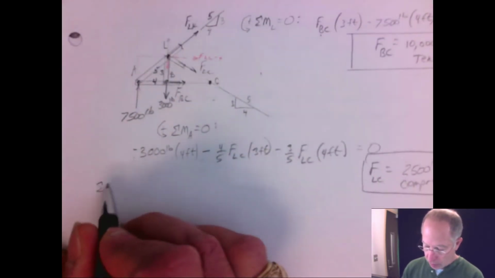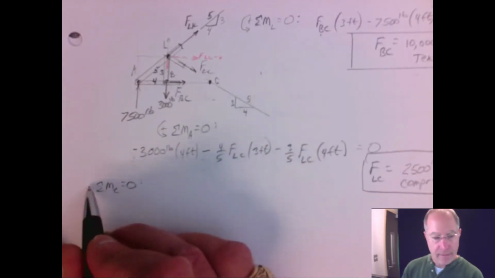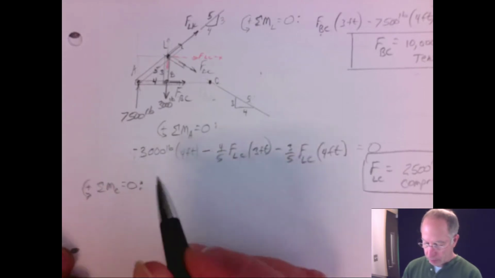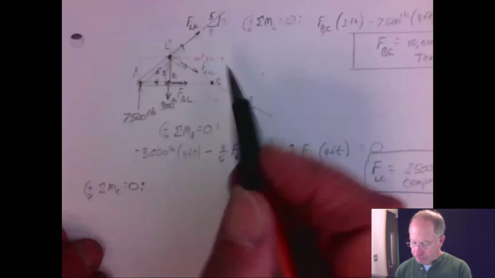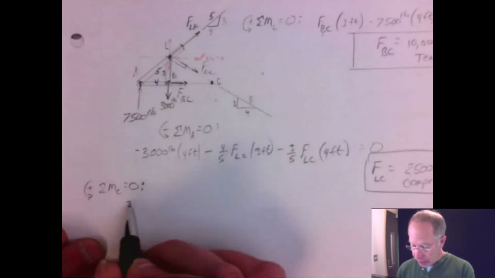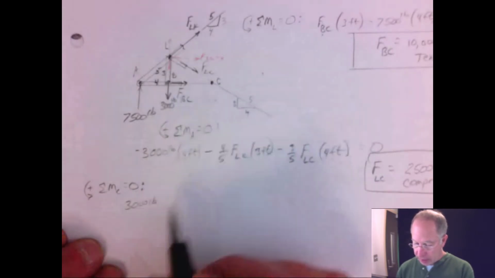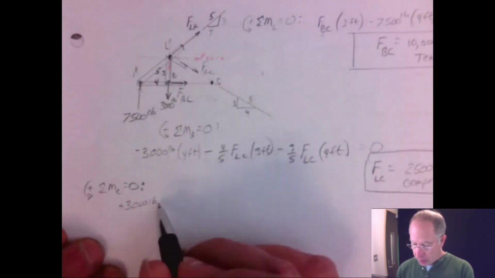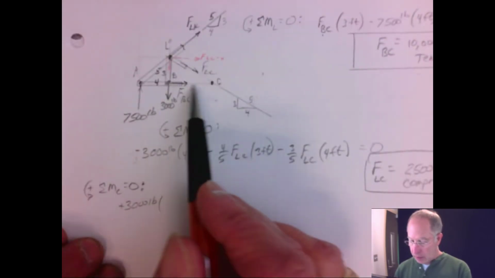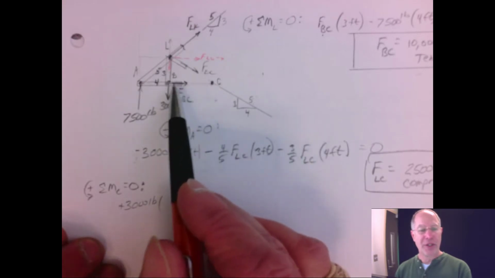So let's summate moments about C equal to 0. Make that positive again. And what do we got? The 3,000 causes a positive rotation about C, and its moment arm is, this is stretched out, but that's actually 4 feet between those points.